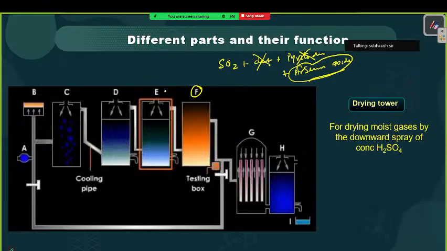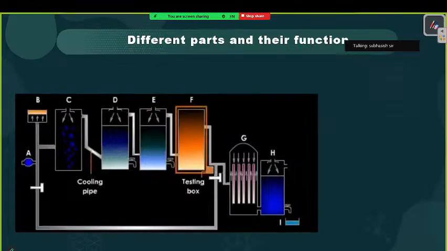So this F step is important for the removal of this impurity. F is known as the arsenic purifier, and from the name you can guess that it is used to remove any arsenous salt present with the gases, that is sulfur dioxide.